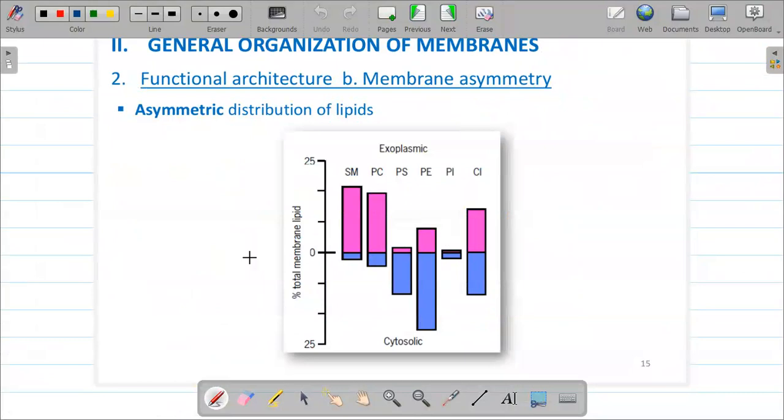Asymmetric distribution of lipids is actually an uneven distribution of lipids across the cell membrane, across different cells.